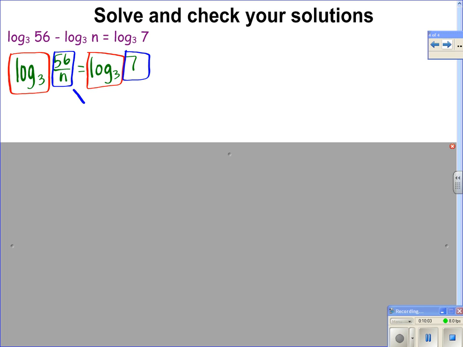So what we can do here is say 56 over n is equal to 7. So if the two logs are equal, those two items that I put blue rectangles around should also be equal. So in this algebra problem, we would want to multiply both sides by n. So we've got 56 equals 7n, divide by 7, n equals 8.